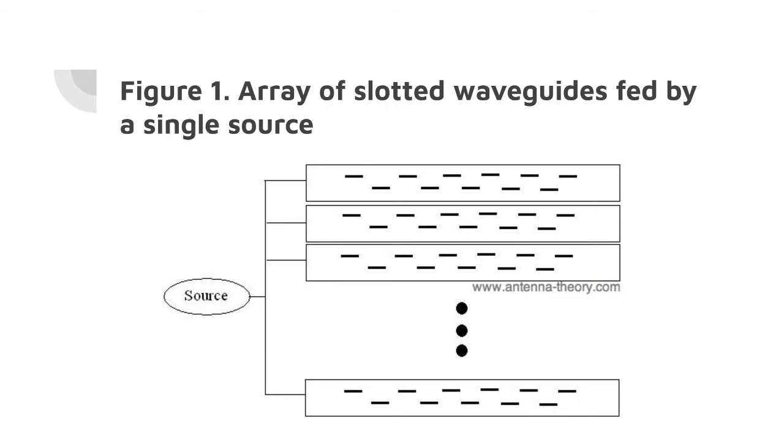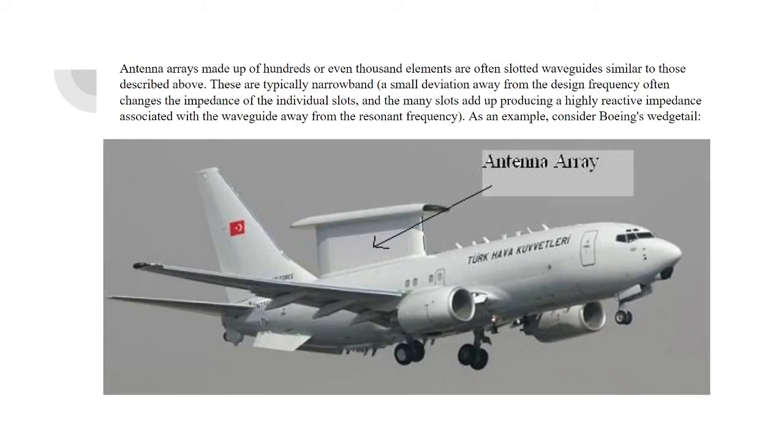The phase delay can be added by varying line lengths, then distinct frequencies will produce distinct phase delays, allowing scanning simply by changing the frequency. So this is an example of an antenna array. They are typically narrow. They are made up of hundreds and thousands of elements.